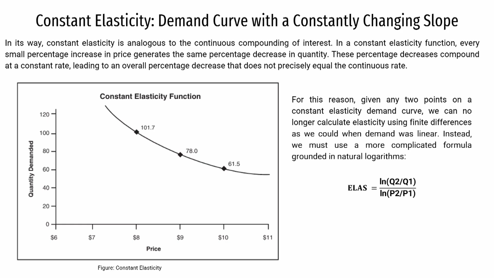In a constant elasticity function, every small percentage increase in price generates the same percentage decrease in quantity. These percentage decreases compound at a constant rate, leading to an overall percentage decrease that does not precisely equal the continuous rate. And for that reason, as it is not a constant value, the first year I am getting 10 rupees, the second year I am getting 11 rupees, and the third year I will gain some more than 11 rupees.